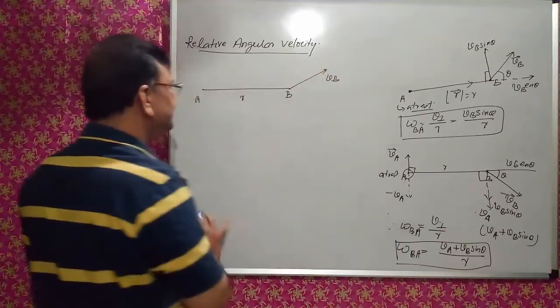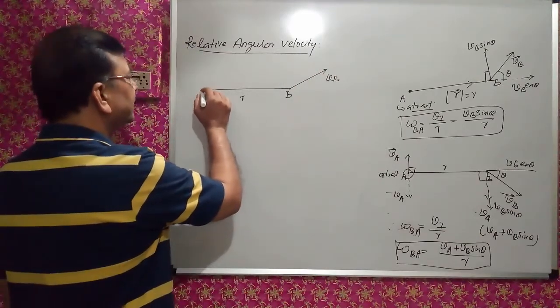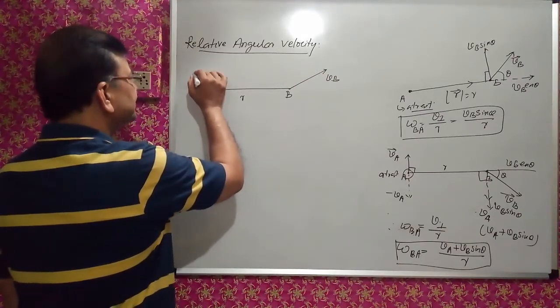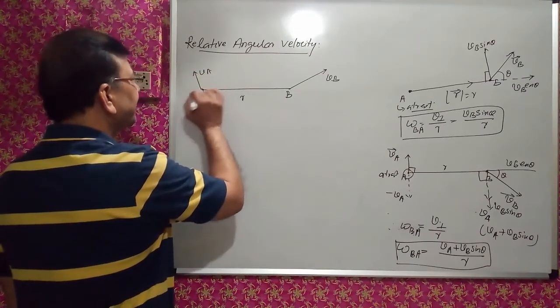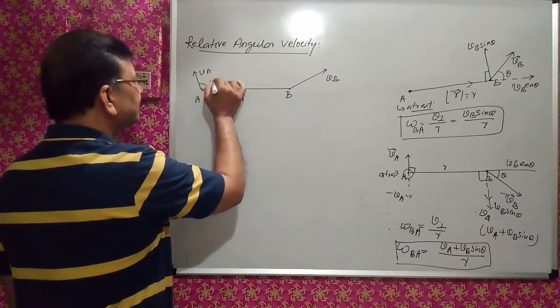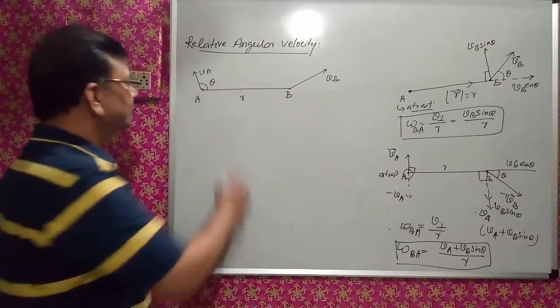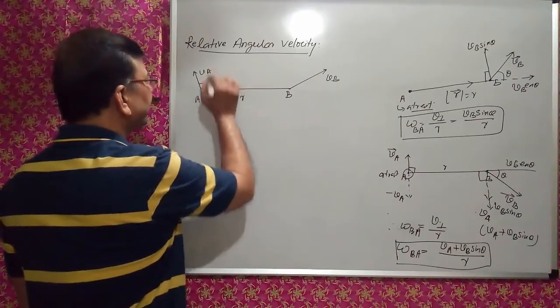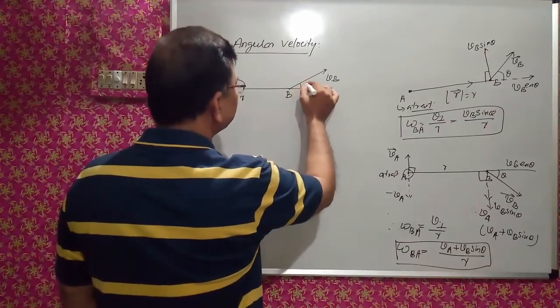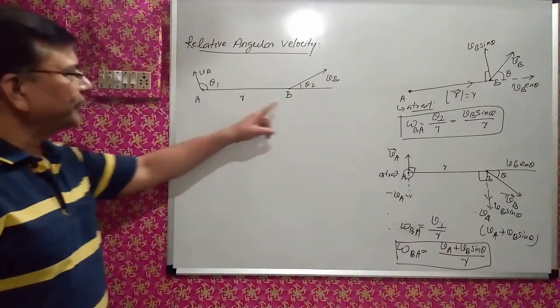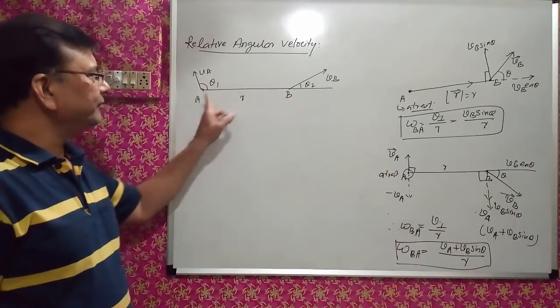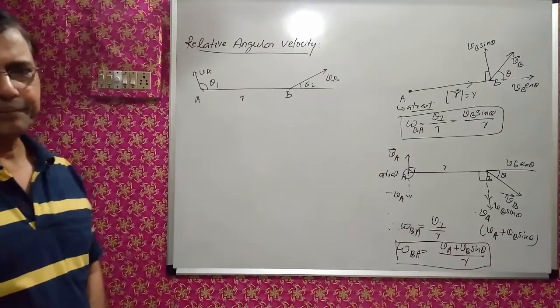With this magnitude it is going, and this is moving with this magnitude, that is VA, making some angle theta. Suppose theta 1, and this is making an angle theta 2. So we have to find angular velocity of B with respect to A.